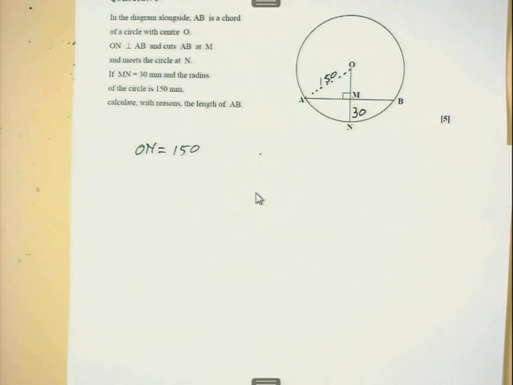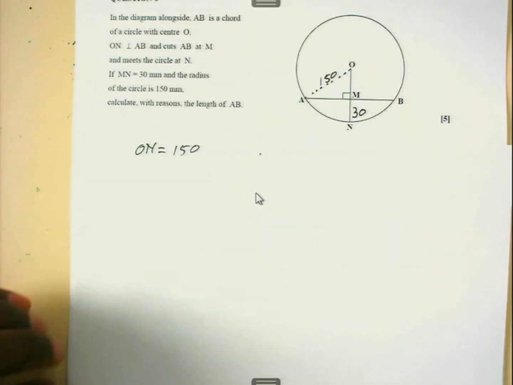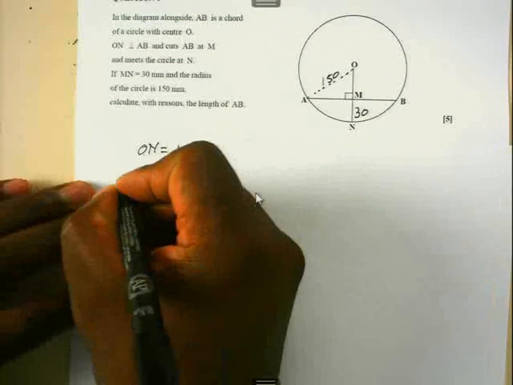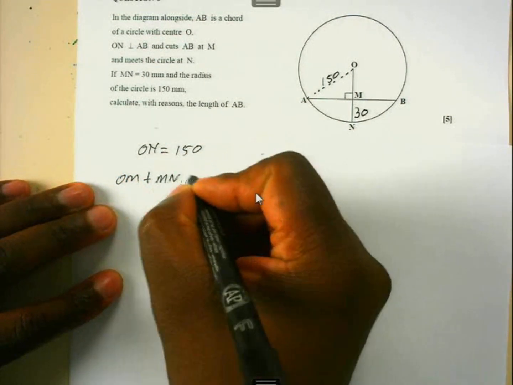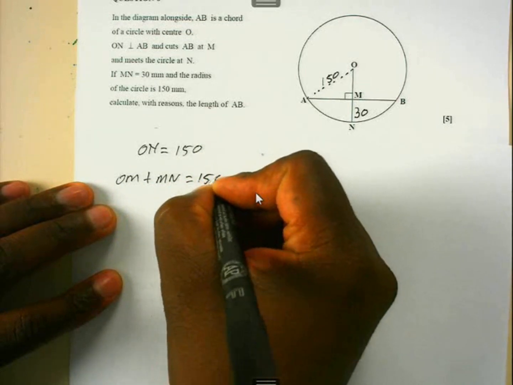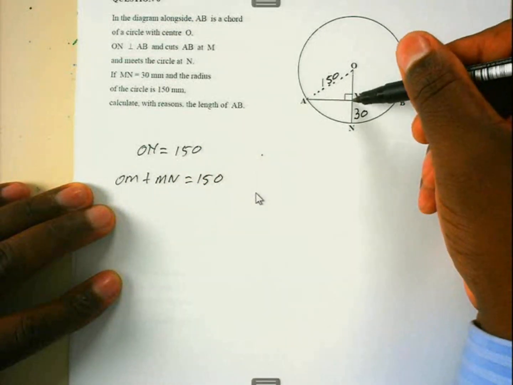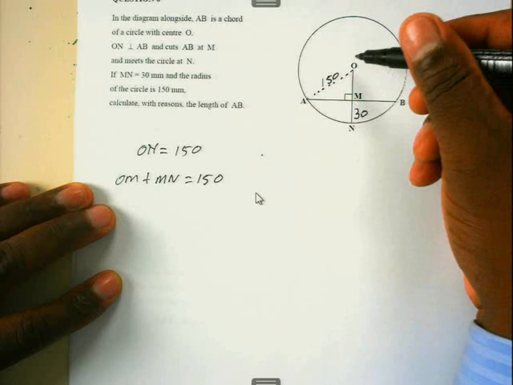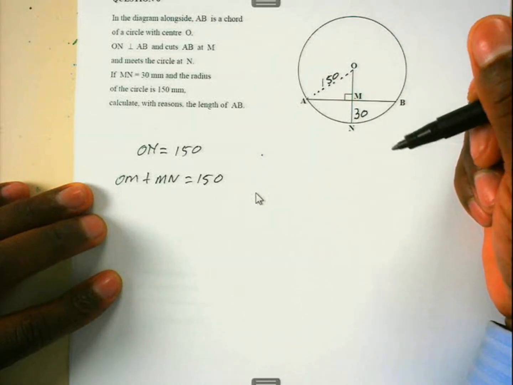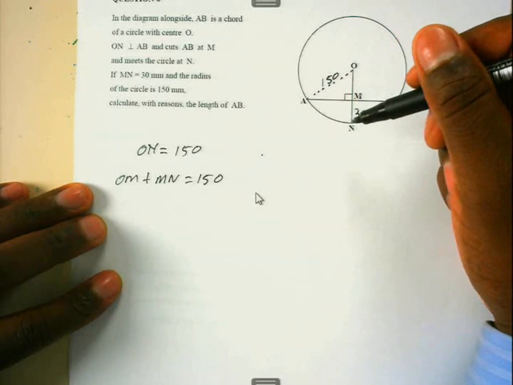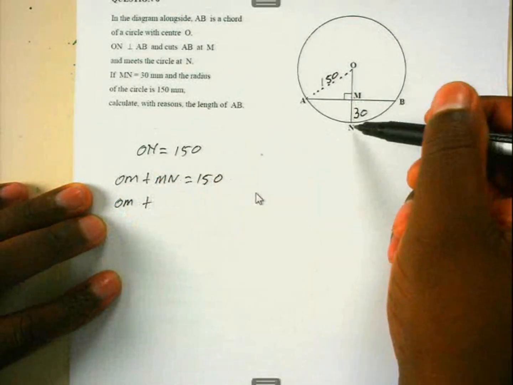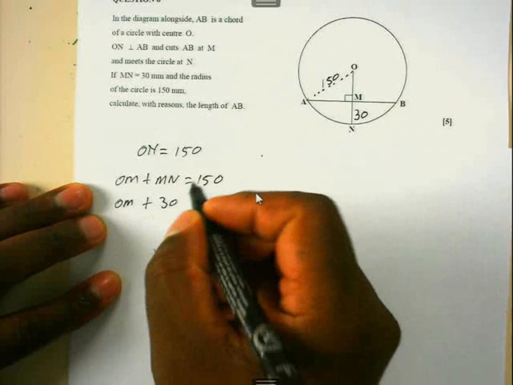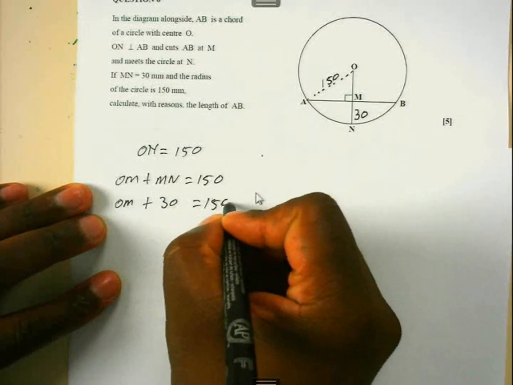But if we can check, ON is divided into two. ON is divided into OM plus MN. They must give us 150. Check. OM plus MN, they should give us 150. So we can work out the length of OM. Therefore, OM plus MN, where MN is given as 30 millimeters, is equal to 150 millimeters.